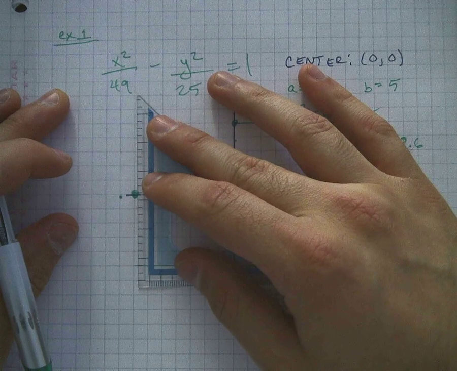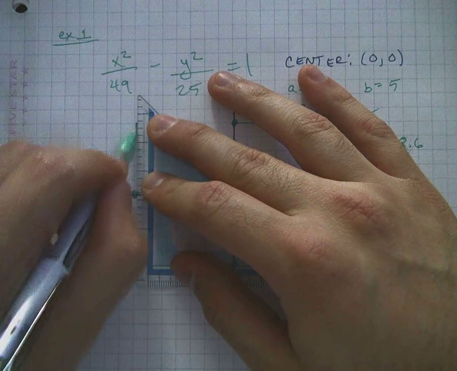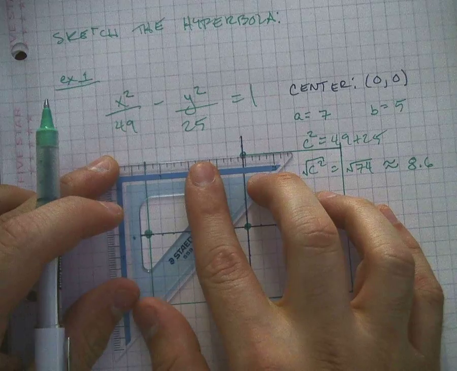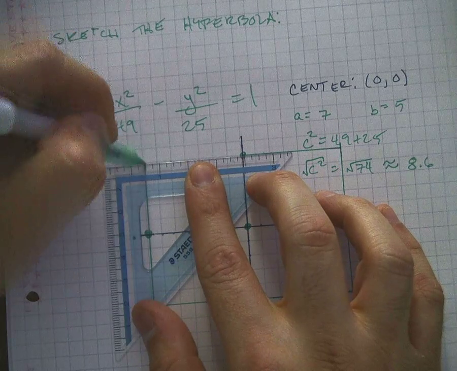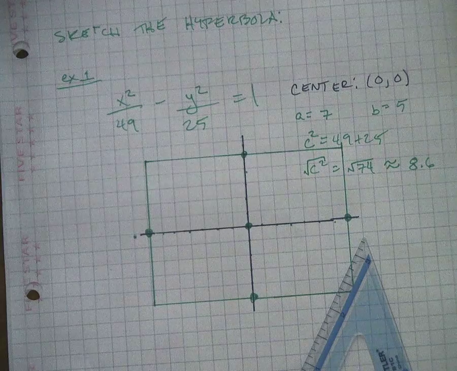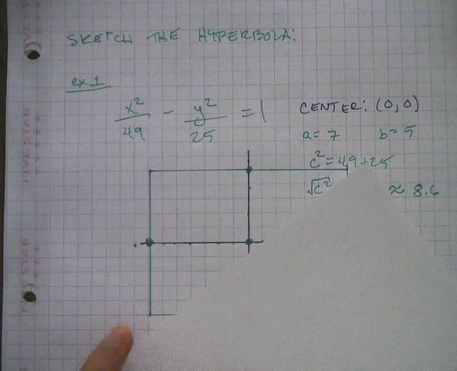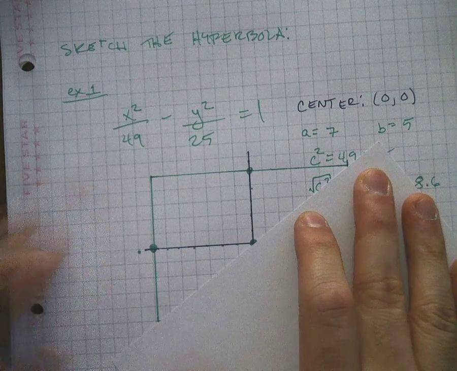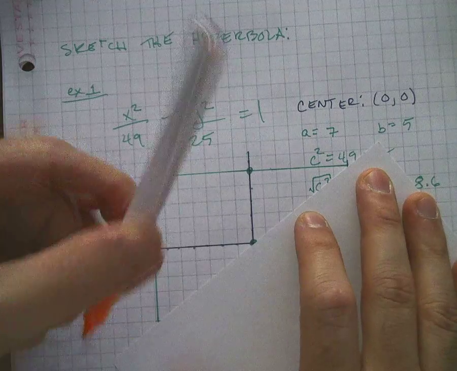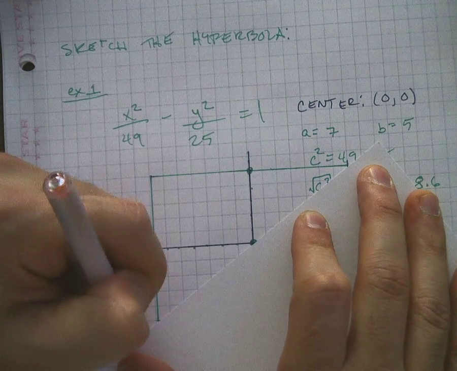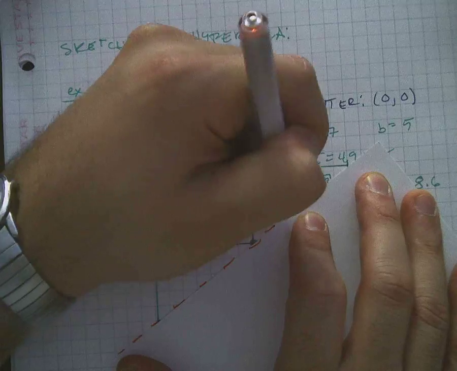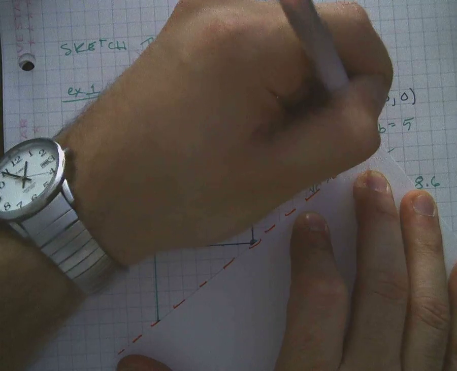And one thing you can think of while we're doing all this is I may ask you for the equation of the asymptotes. So you're going to have to find the slope of those asymptotes. So we take this here and we're going to draw in our asymptotes now. I'm just going to go corner to corner.